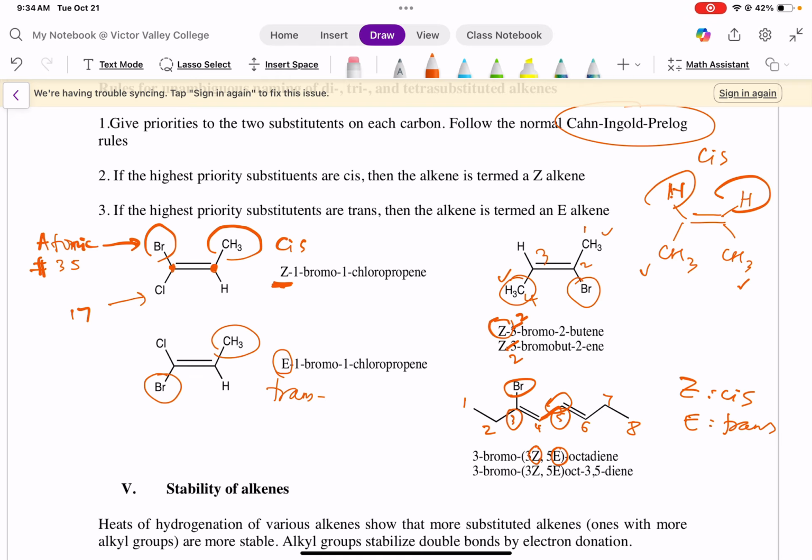So they are on the same side because on the other one, it's just a hydrogen. Okay, so that makes it a cis, which is a Z. Then you look at the 5. If you put in the hydrogens, it's a lot easier to see. Okay, and then you can see they're opposite, so that's a trans. It's easier to look at the hydrogens.